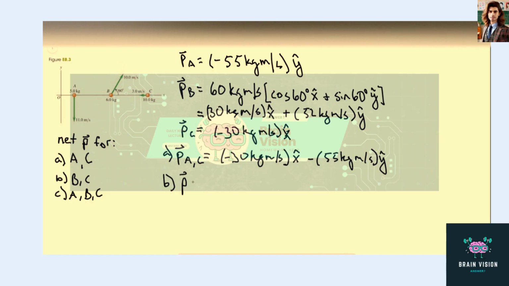Now for B and C, C has an x component. So let's look at what the x component of B is, and it turns out that they're equal in magnitude and opposite in direction. So those cancel out, and all we're left with is the y component of B.